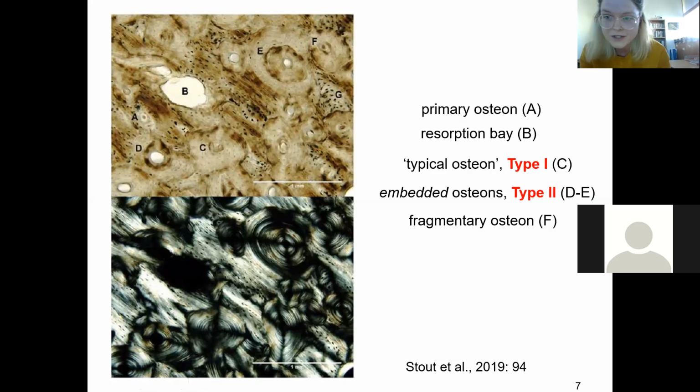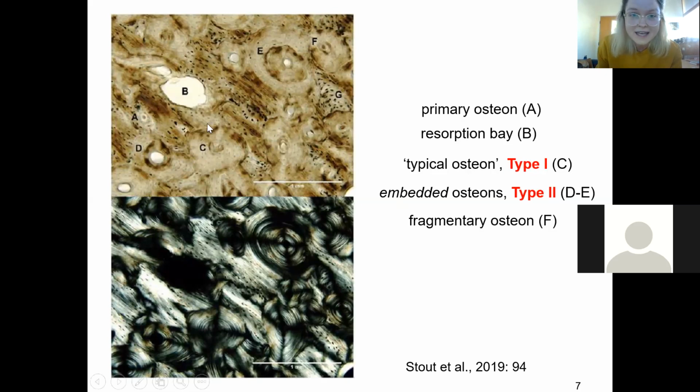Now, what I didn't tell you is that a typical osteon, such as that one coded as C, is what we call a type 1. So type 1 is the most commonly occurring secondary osteon, but we can also have type 2s. Type 2 are essentially embedded osteons.